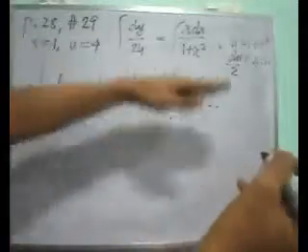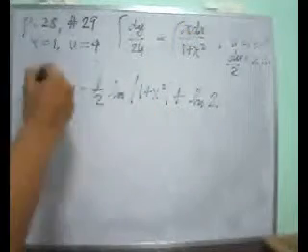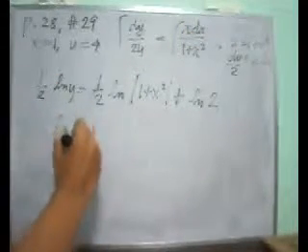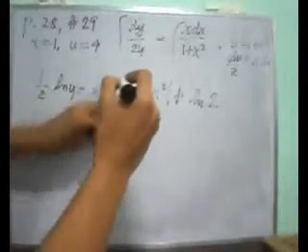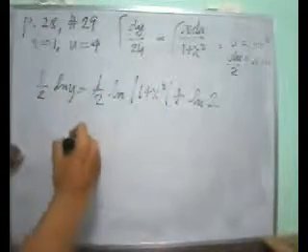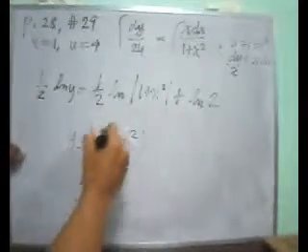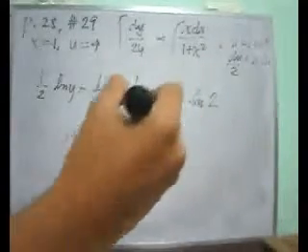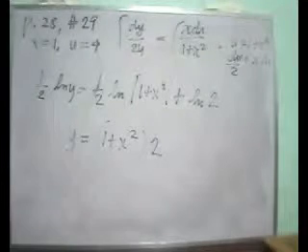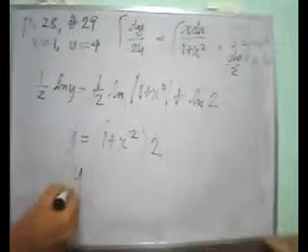Now we raise both sides with e, and then we can cancel the 1/2, so that is ln of y is equal to, okay, we raise it both by e exponential, so what was y equals 1 plus x squared times 2.